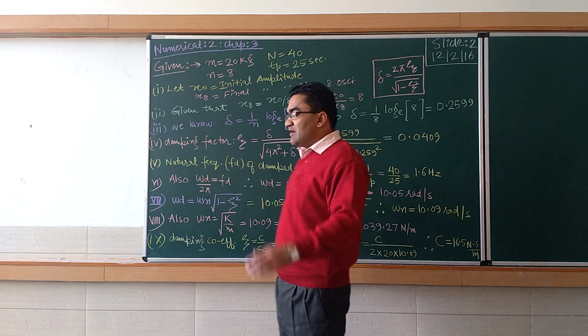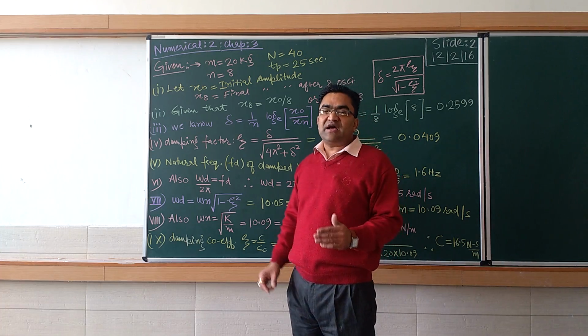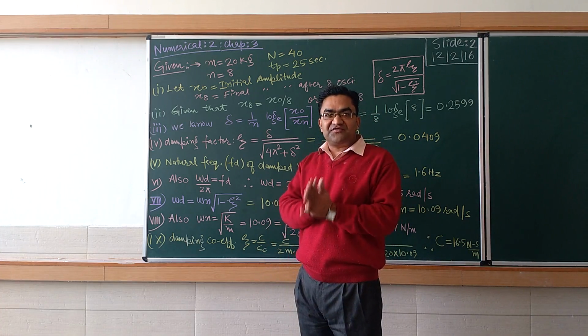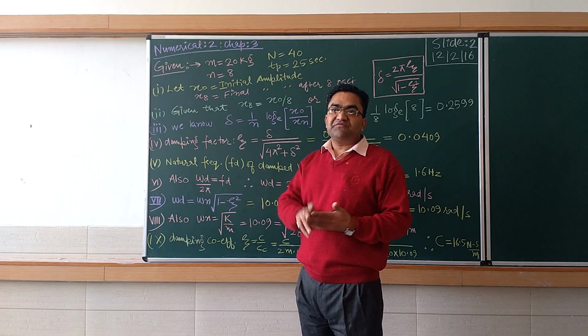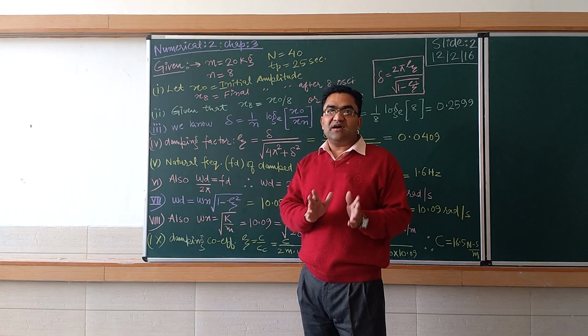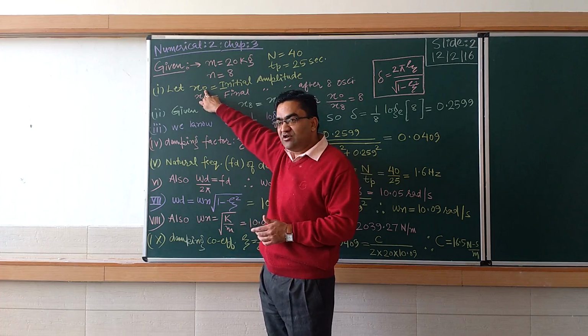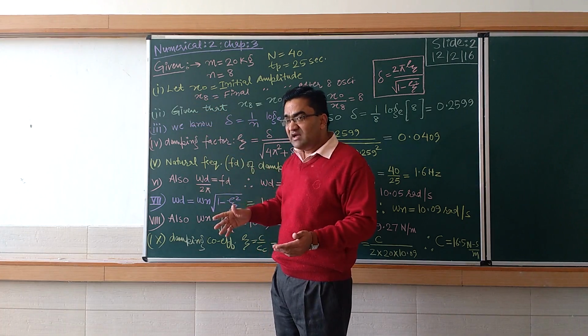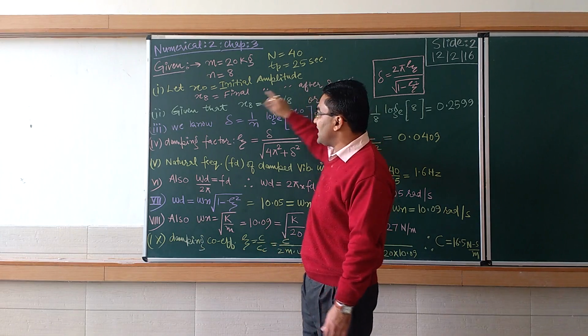Moreover, one more thing is given in the numerical: the amplitude of the system in the 8th cycle becomes 1/8 of the initial amplitude. Let the initial amplitude be x0 and the amplitude after 8 oscillations be x8.